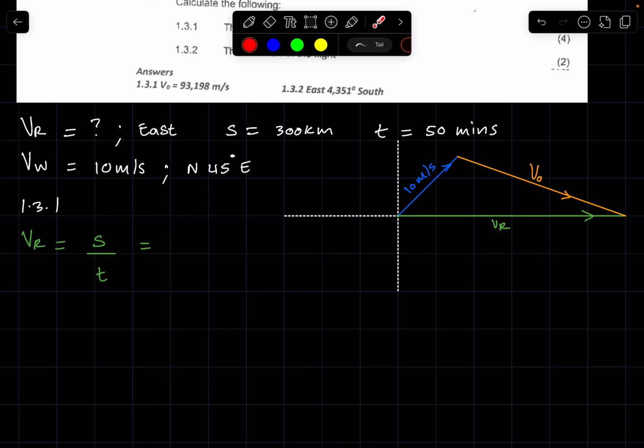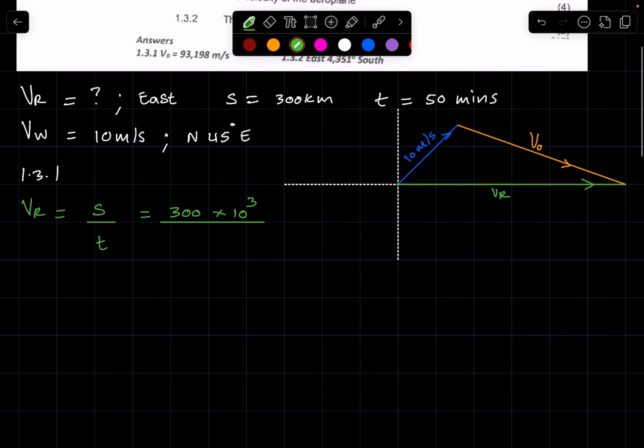So it only makes sense that we make VR to be in meters per second as well. So we have to convert the kilometers to meters, I have to multiply by 1,000, divided by, and then the time has to be in seconds, so that whatever we get here will be in meters per second.